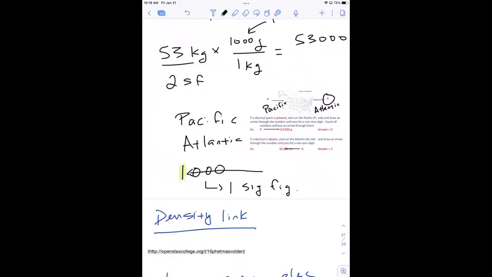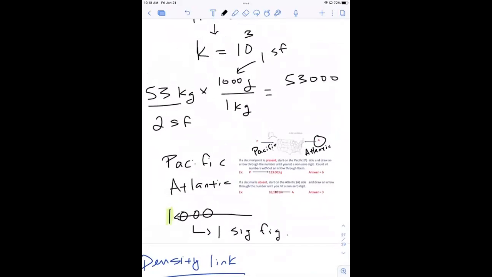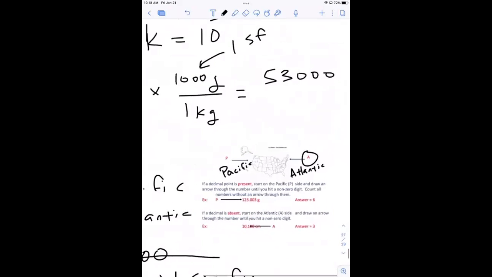And with the 53, it's the same method because there's no decimal. So that's 2 sig figs. Our answer needs to be in 1 significant figure. So this is 53,000 grams. How do we write that with 1 sig fig when there are 2 sig figs there?